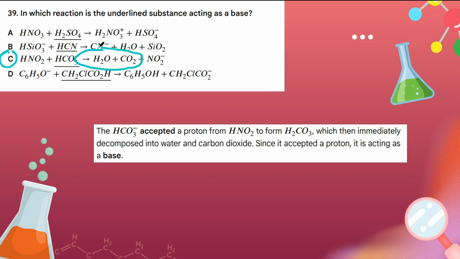It's not supposed to be scattered. This goes here. The HNO2 is acting as an acid, while the HCO3 is acting as a base, making it scattered here. It's supposed to be H2CO3, but it's scattered to H2O plus CO2, which is the answer C.